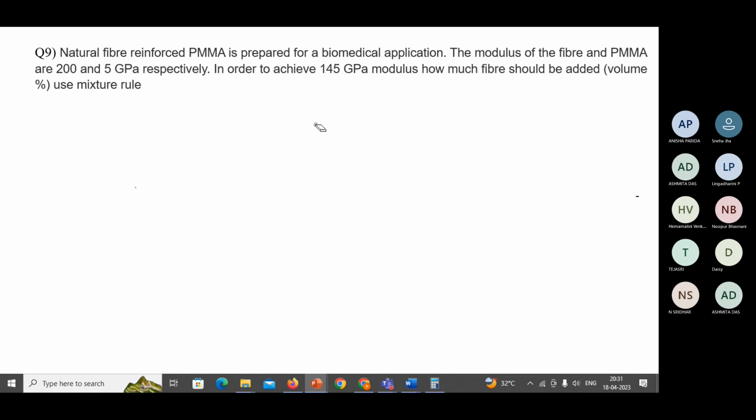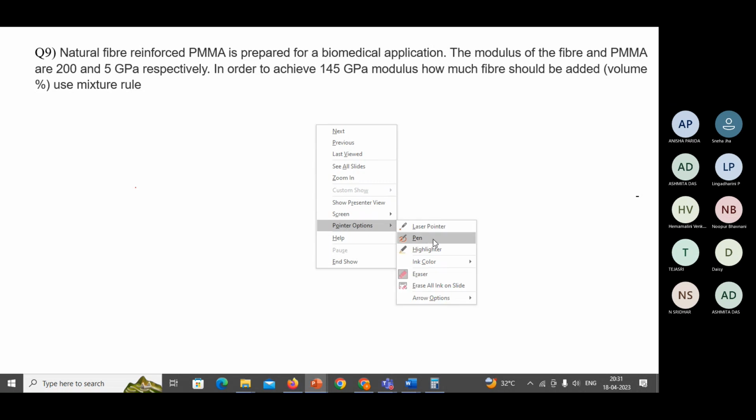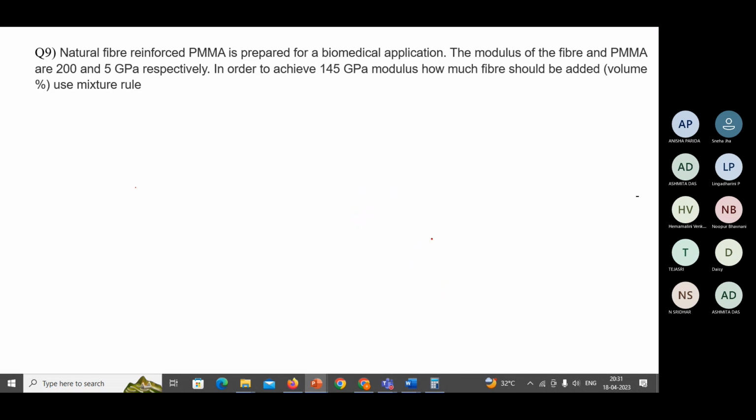Anyone able to solve this question? Anyone? Any answer? So composite, can anyone tell me what is composite material?